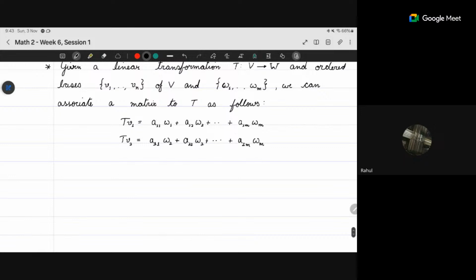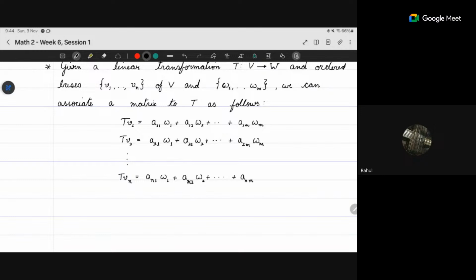So if I do this, wait, what is this? I get a total of n times m coefficients.